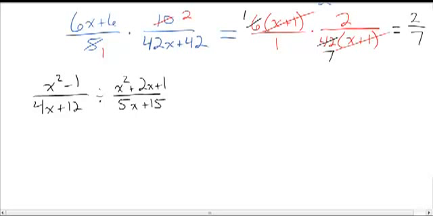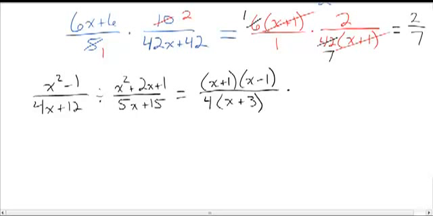So that's what I'm going to do. First off is I'm going to rewrite this. Now let's go ahead and factor while we rewrite it. x squared minus 1, well, that can be rewritten as x plus 1 times x minus 1. It's a difference of two squares. Over 4x plus 12. Well, I can factor out a 4, and that leaves me with x plus 3.